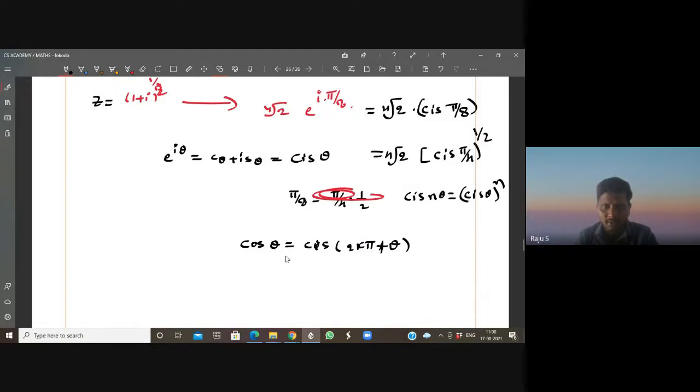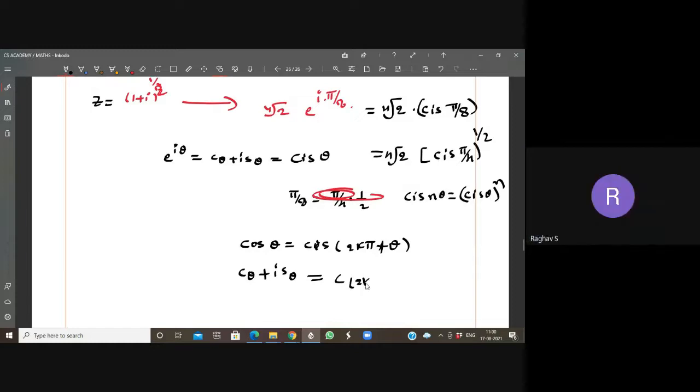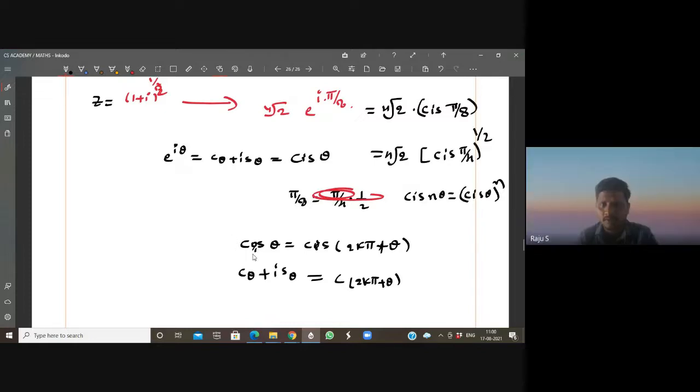Because cis theta is nothing but what, students? Cos theta plus iota sin theta. Yes, cis theta.